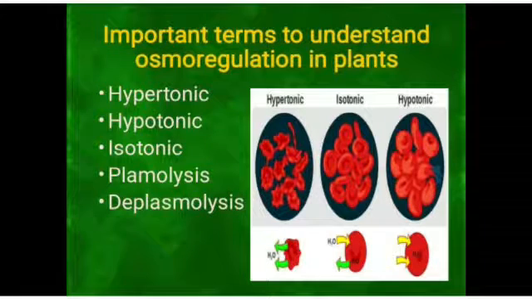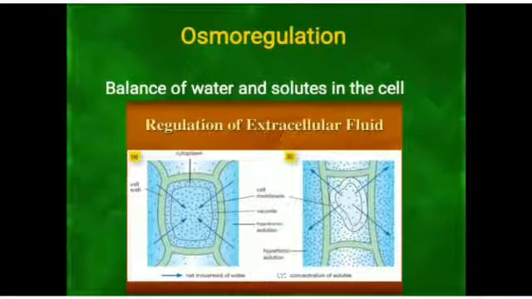So, if a plant cell is placed in hypotonic solution, and what is hypotonic solution? Solution having less solutes as compared to cell sap. The water moves from outside to inside the cell. This process of movement of water is called endosmosis.